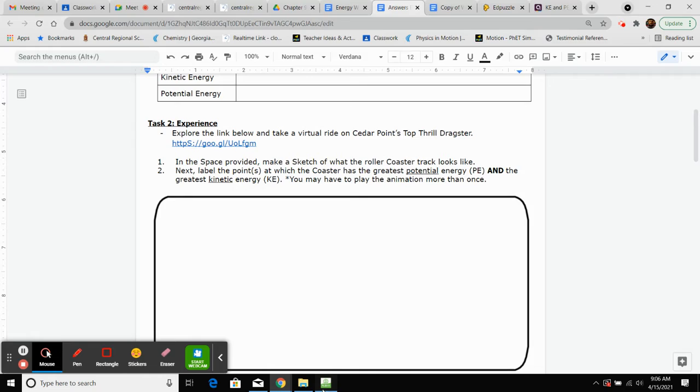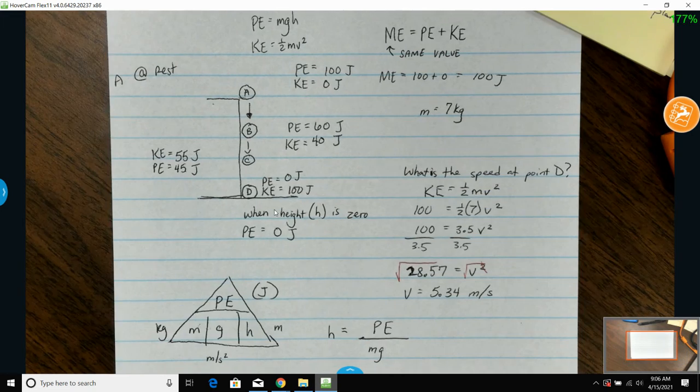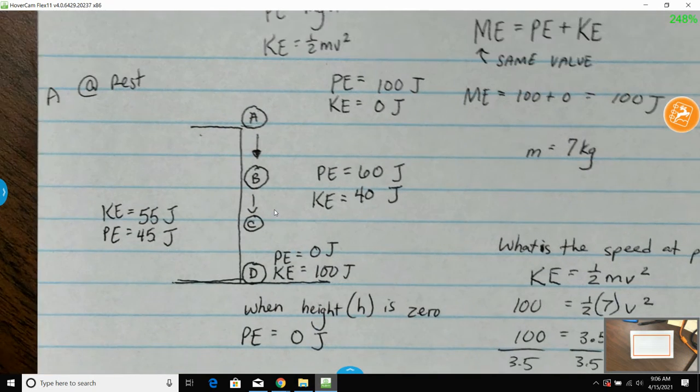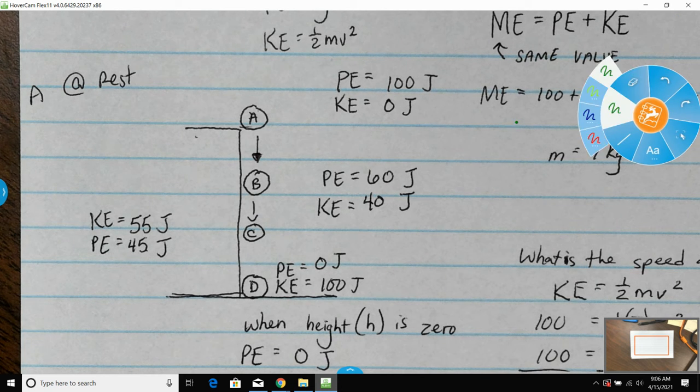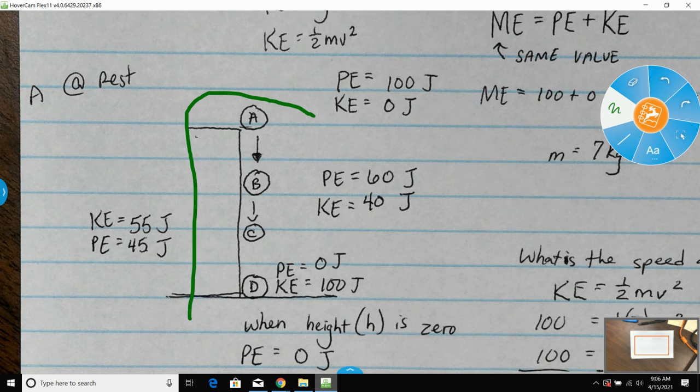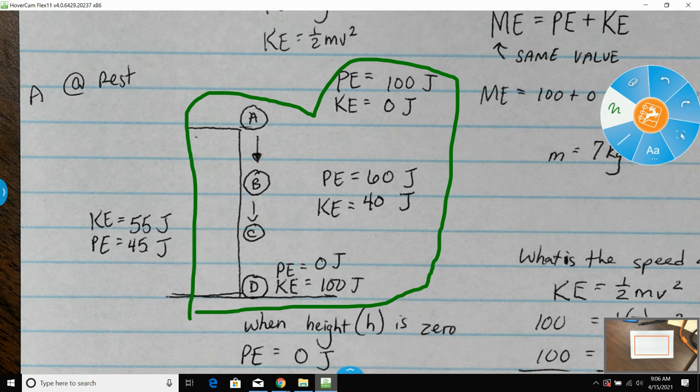Now, before we do that, we look at this drawing here. When was potential energy the highest? If you're just looking at the green, where is potential energy the highest? At point A. And where's point A? Is point A the highest or lowest? Highest.